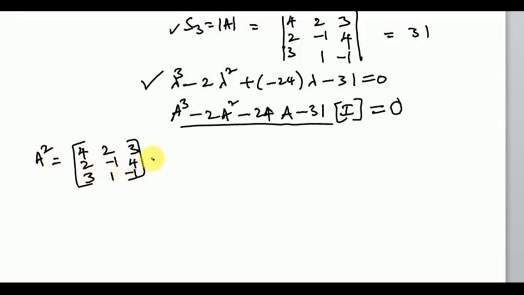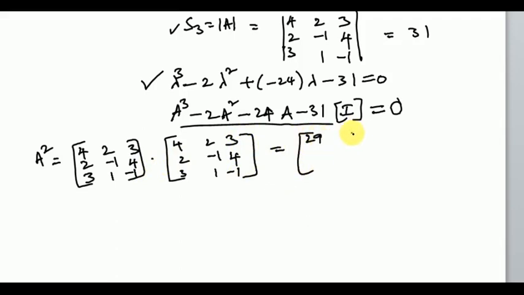Multiply A with A, and you will get A square as 29, 9, 17, 18, 9, minus 2, 11, 4, 14.